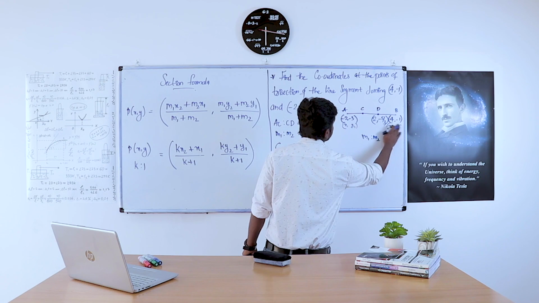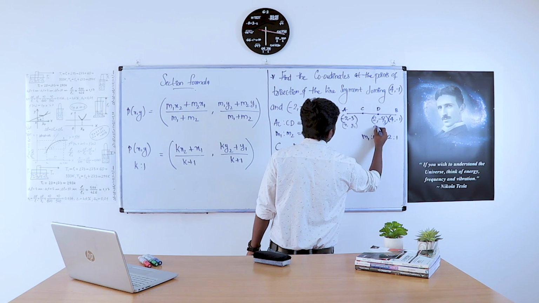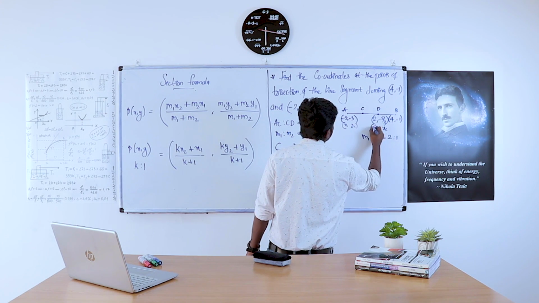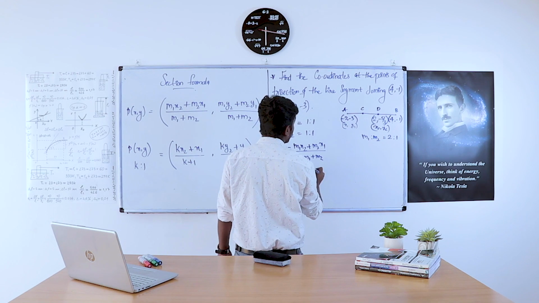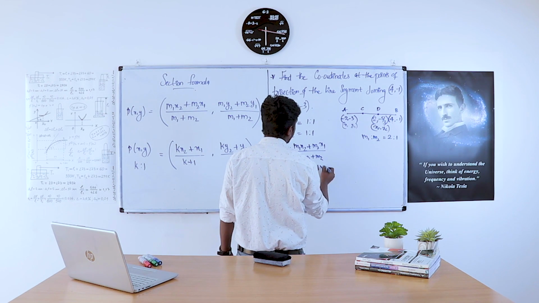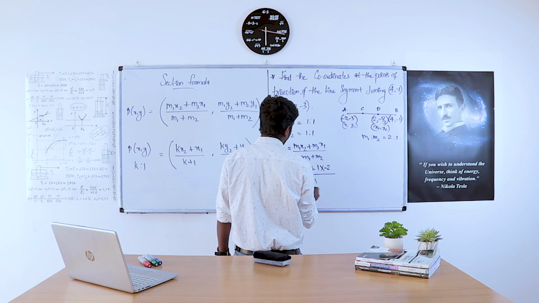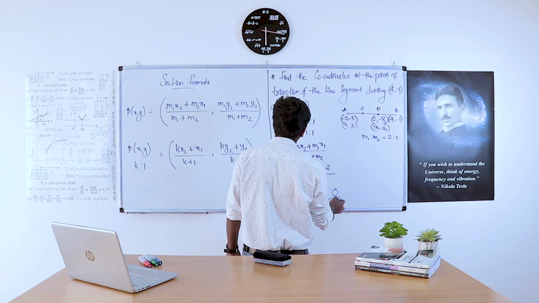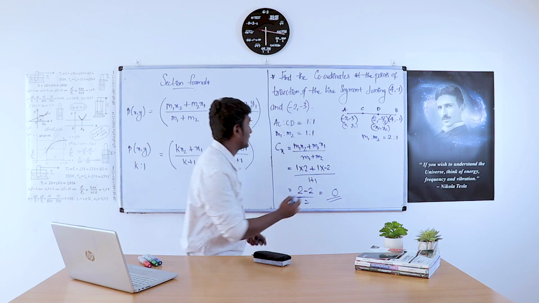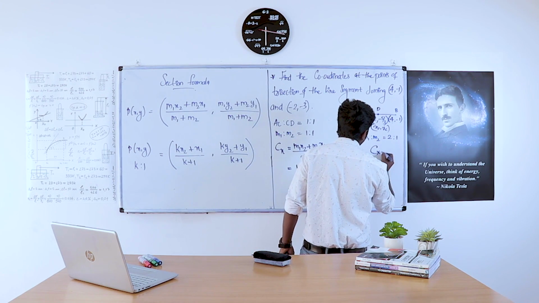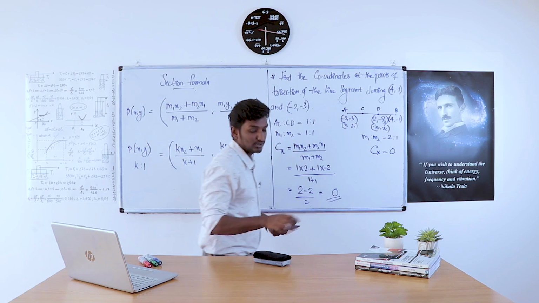Taking the coordinate of D as x2 y2, the x2 is 2, plus m2. m2 is 1 into x1. What is x1? It is minus 2, whole divided by m1 plus m2, that is 1 plus 1. That is 1 into 2, 2. 1 into minus 2, it is minus 2, divided by 2. So 2 minus 2 is 0. So we get Cx as 0.